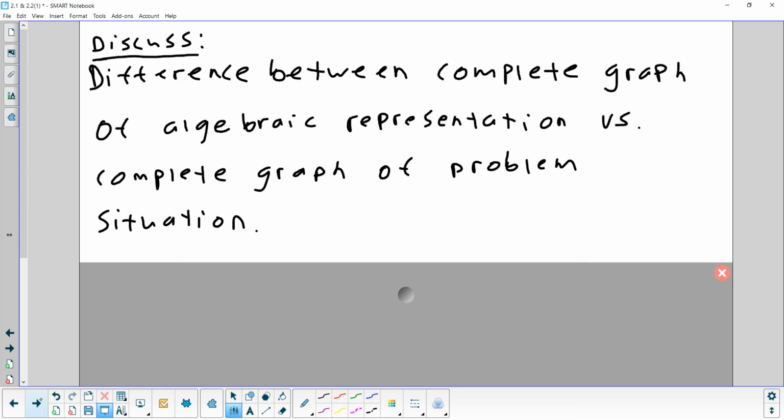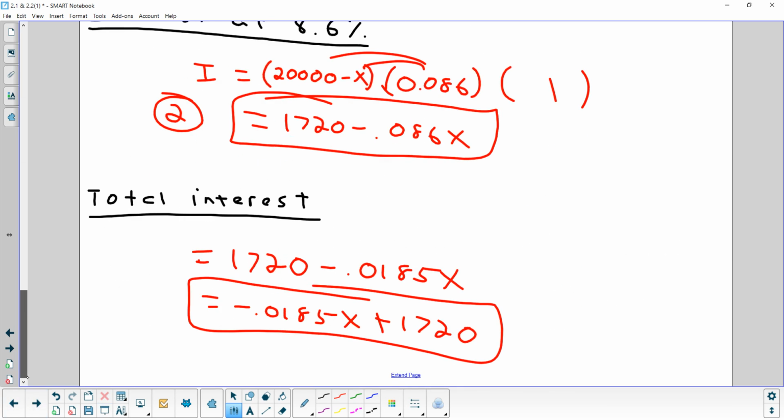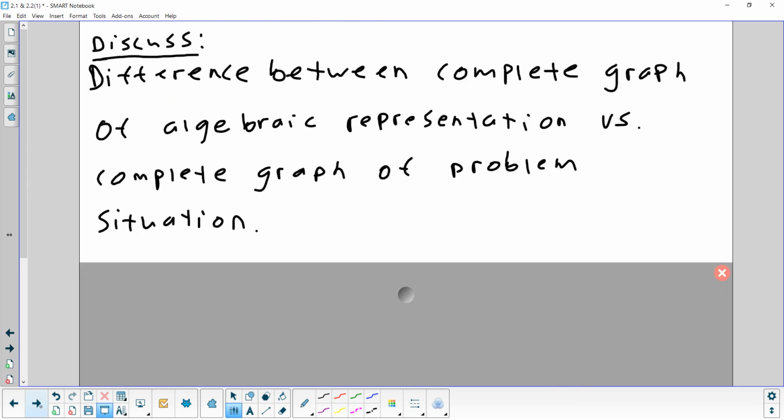So before we graph it, there's a difference between graphing that equation that I have under the total interest, just as an algebraic equation in slope-intercept form, compared to looking at the graph of our actual problem. What would we not want to look at in this problem if we're graphing it to actually visualize the problem and not the algebraic equation?